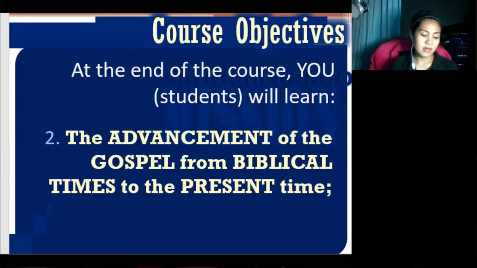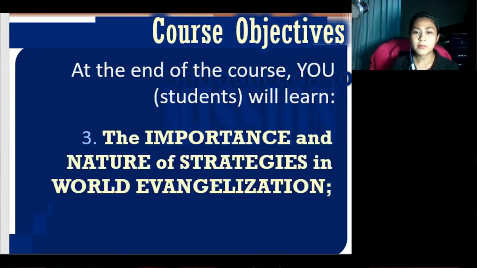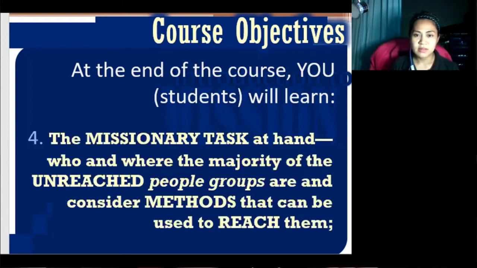Next, aside from the biblical theology of missions, the advancement of the gospel from biblical times up to this time. And then the importance and nature of strategies in world evangelization. Fourth is the missionary task at hand: who and where the majority of the unreached people groups are, and considering methods that can be used to reach them.